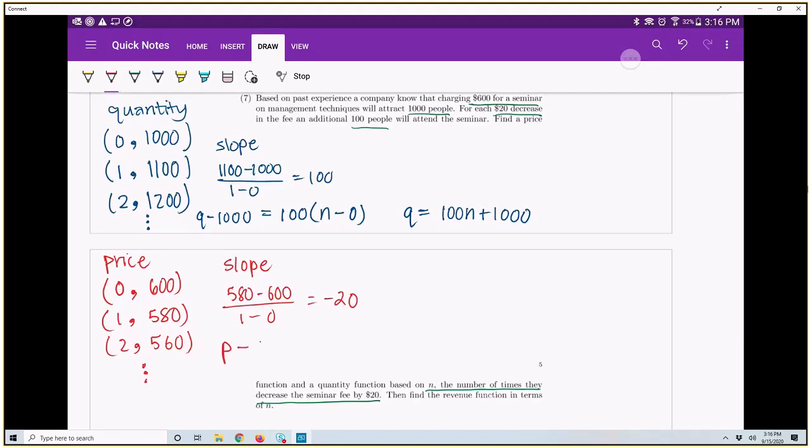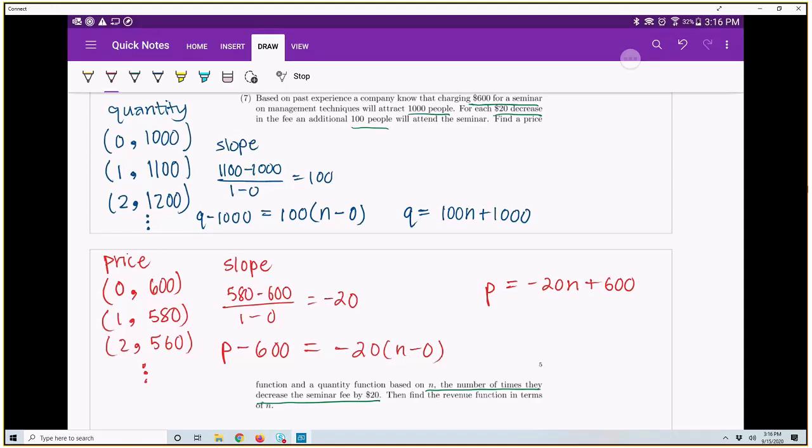P minus 600 is equal to minus 20 times N minus 0. So that gives me P is equal to minus 20N plus 600. And again, it's very intuitive here because I started with 600, that's this intercept, and every time I decrease the price, I subtract $20. So negative 20N plus 600 makes perfect sense.